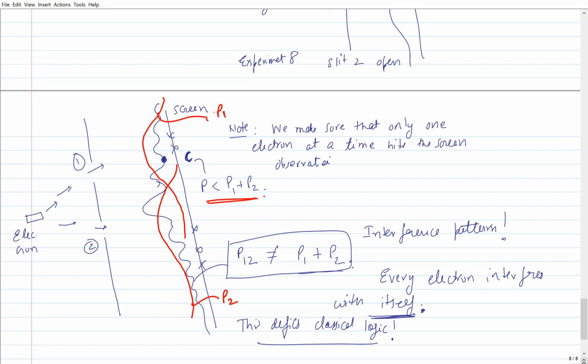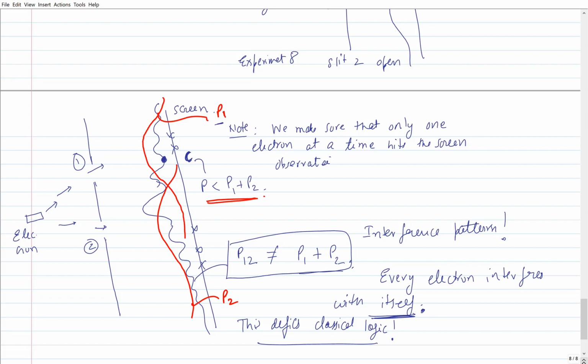Now, classically speaking, how is that even possible? It seems like having more alternatives has reduced the probability. I had slit 1 open, I had a P1. When only slit 2 was open, I had a P2.